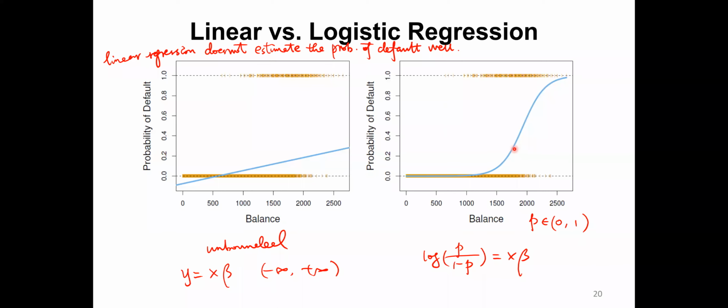Now let's use logistic regression. P is the probability of default. It's actually in this range. So log odds equals x beta. So now we decide to use logistic regression to build the classification model.